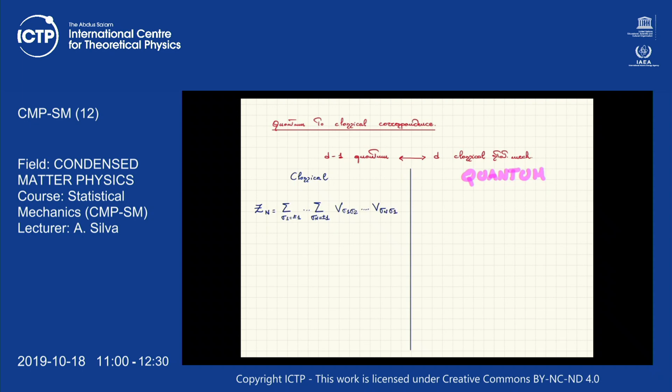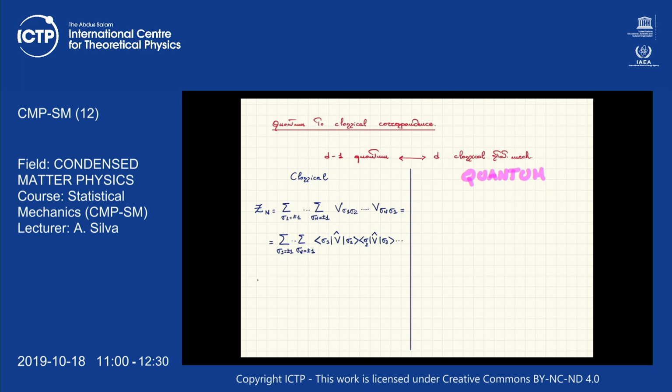Okay? I could write this in a sort of quantum mechanical notation which adds nothing to what we already know. Writing this as sum over sigma 1 equal to plus and minus 1, etc., sigma n equal to plus and minus 1 of sigma 1 V sigma 2 V sigma 3, etc. Why can I do this?